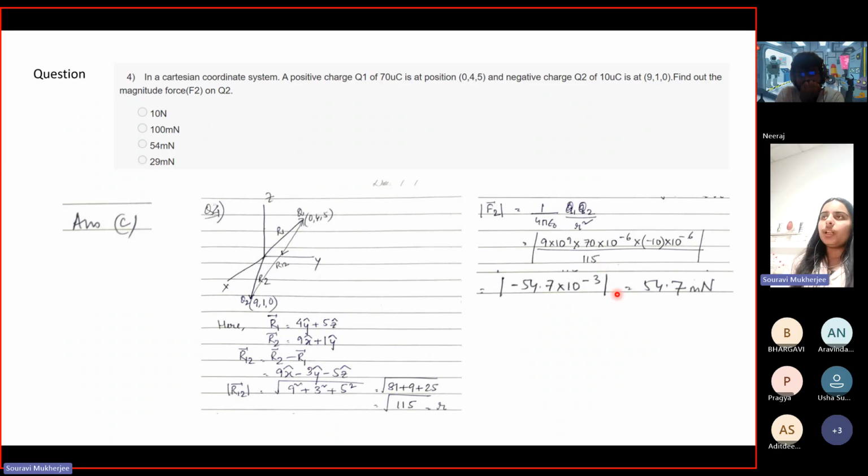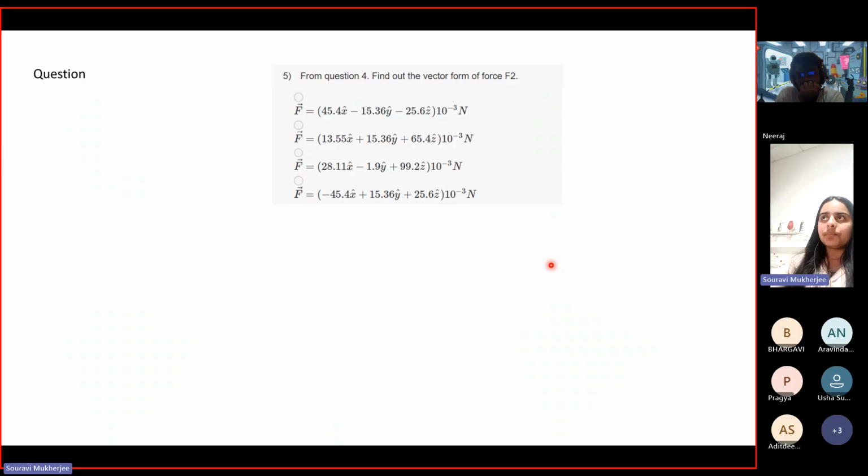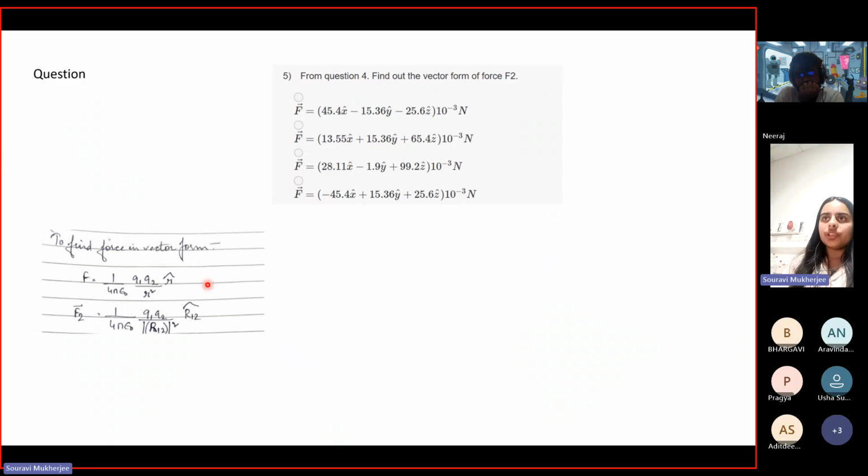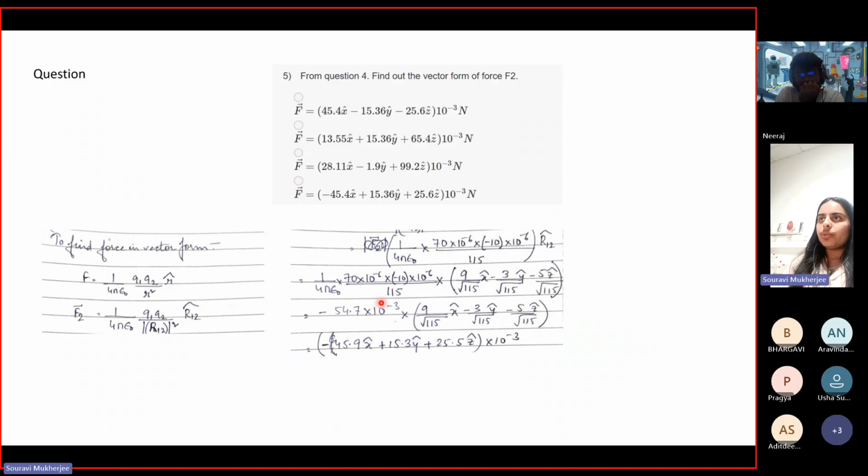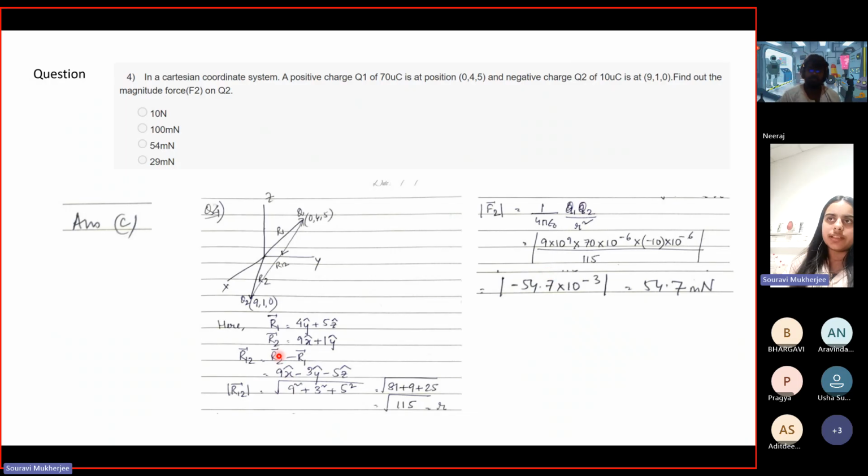Okay, if you have to find the vector form, so this is your net magnitude. Okay, but if you're asked to write it in terms of components, what do you do then? In that case, this is your net force. Okay, so you have the net force there, and you have the unit vector. The unit vector comes from this, basically. The unit vector along R12 is your unit vector. So you know the vector, you know the magnitude.